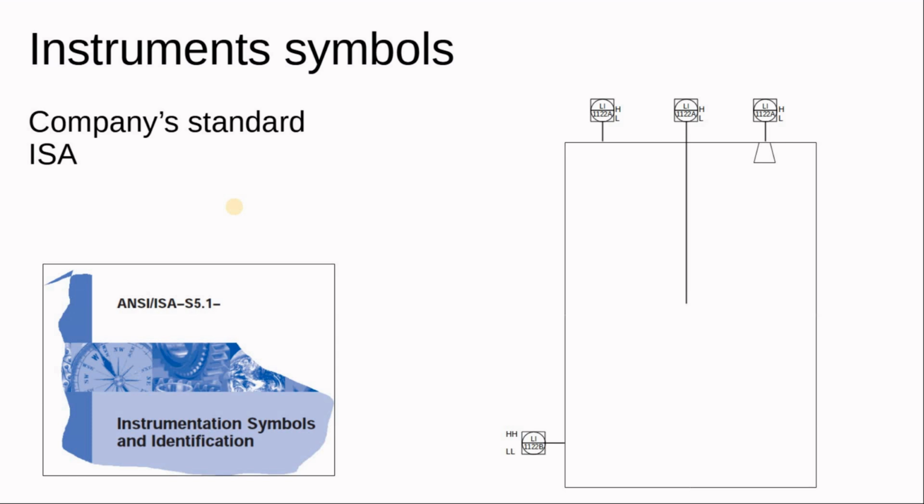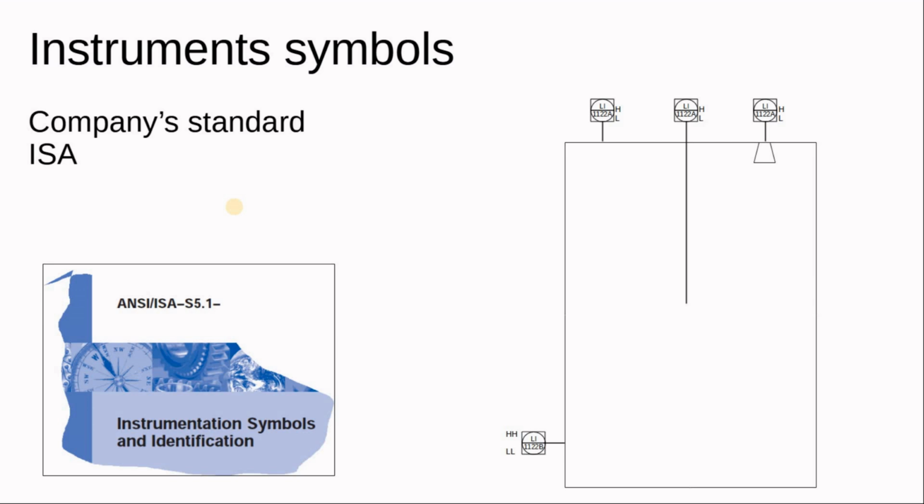Where do you get all those symbols? How do you draw them? Are you going to invent them? No. Your starting point is ISA or ANSI symbols. ISA gives you maybe 90 plus percent of all the symbols you need in a P&ID.